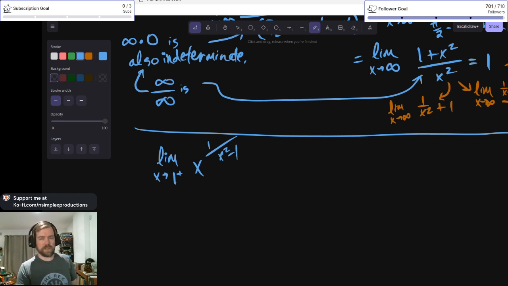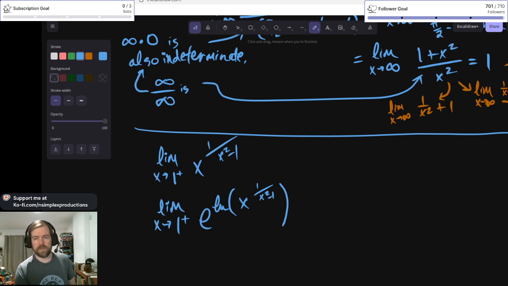So one of the things to do is fall back to what we did above, which is we say that the interior of this is going to be e to the natural log of x raised to the 1 over x squared minus 1.